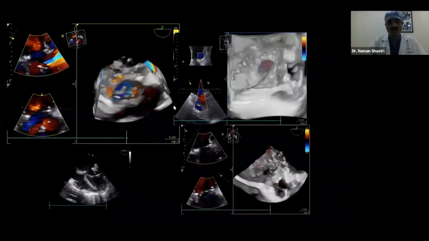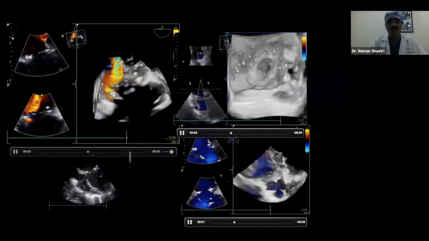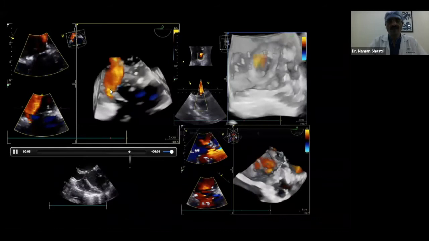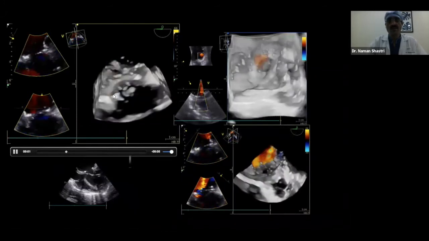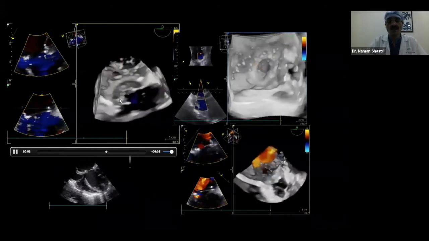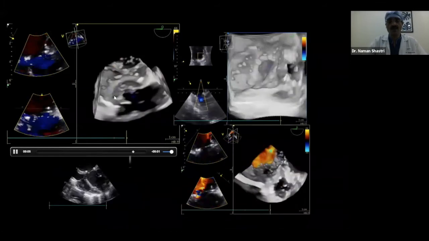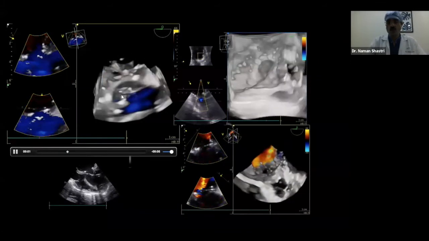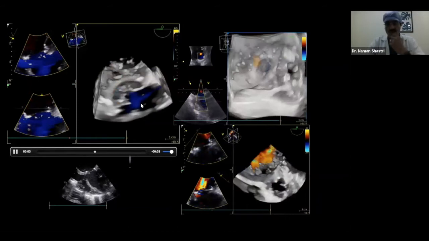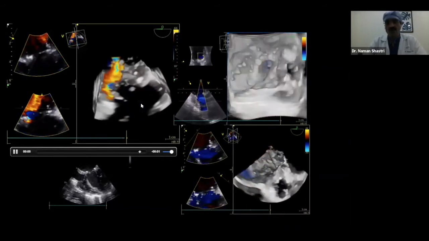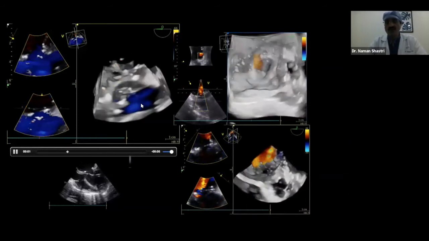Many times we see the anterior mitral leaflet bulging into the ring, and there is a significant color jet coming from the A3P3 aspect, because the A3 segment has gone beyond the level of the annuloplasty ring. So here we can discuss with the surgeon that there is some problem in the A3P3 or commissural area.